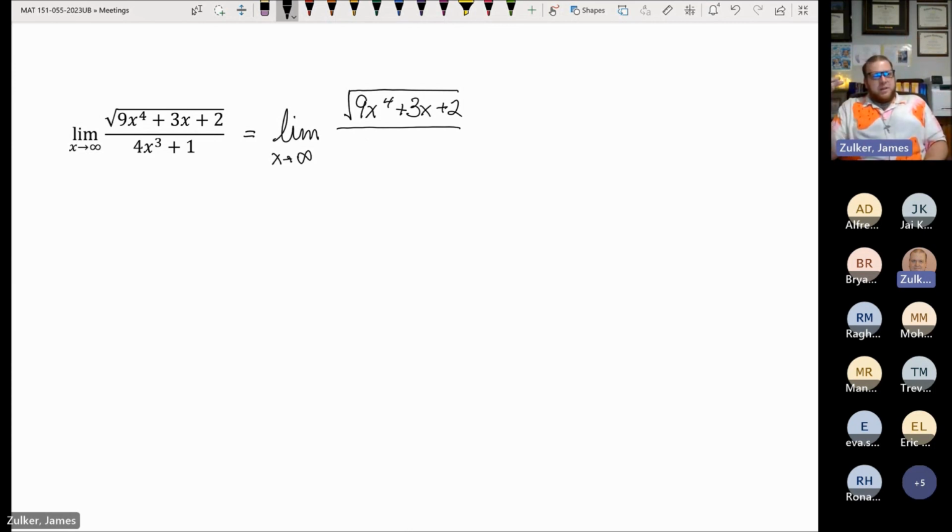So look at the denominator. Factor out the leading term. You actually don't have to factor out the entire leading term. I'm going to. If you want to, you could just factor out the x cubed, and you'll get the same thing. We're going to be left with 1 plus 1 over 4x cubed.